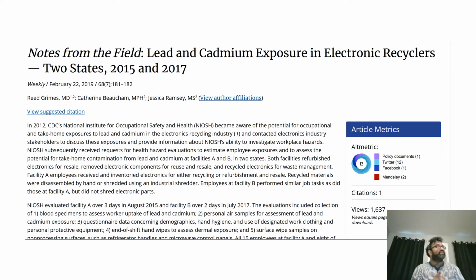This is another environmental health example. I'm looking at lead and cadmium exposure in electronic recyclers. And this specifically looked at just 2 states. This was led by NIOSH, National Institute for Occupational Safety and Health.